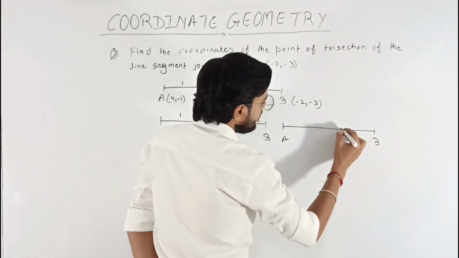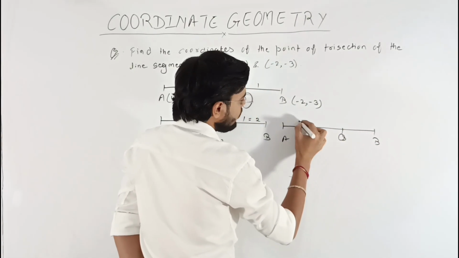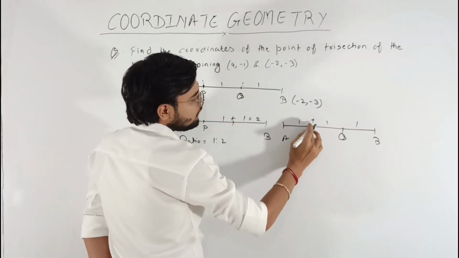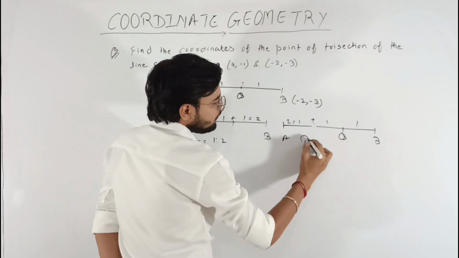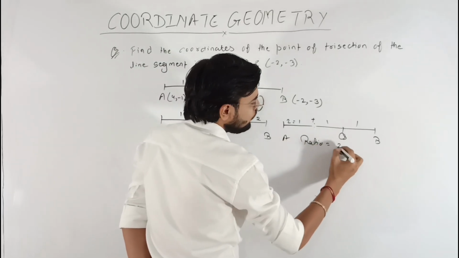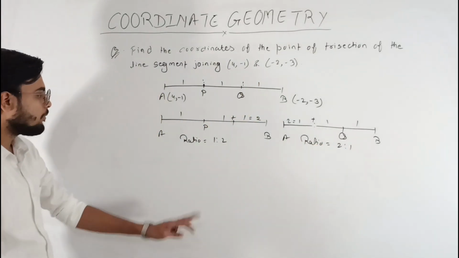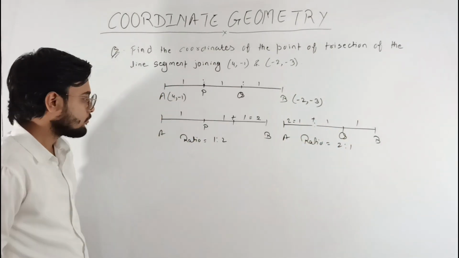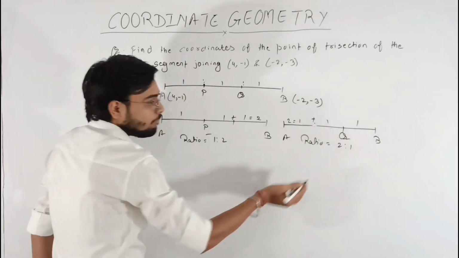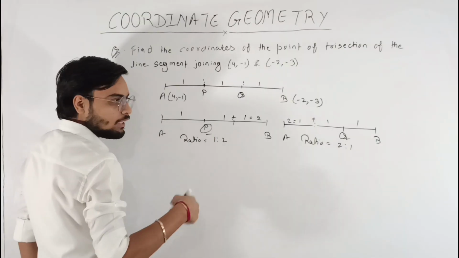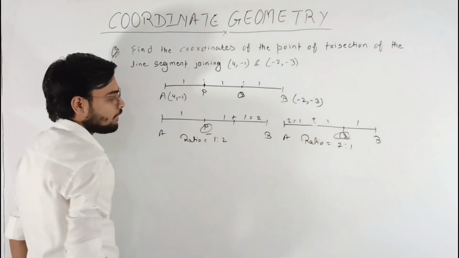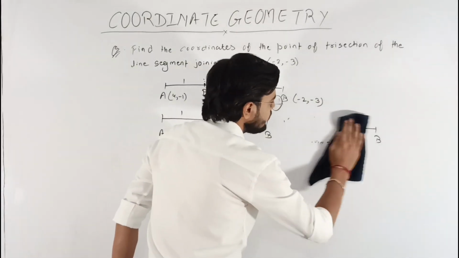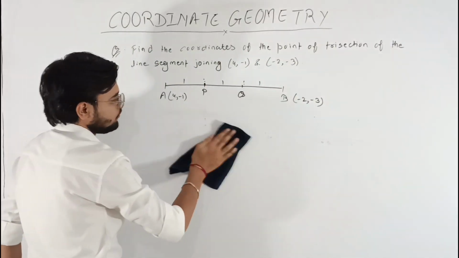This is my line AB, this is point Q, this is P and 1 1 1. Now if I hide P, then this 1 plus 1 becomes 2. Then point Q divides line in ratio of 2 is to 1. Now we have ratios, P divides 1 is to 2 and Q divides in 2 is to 1. Now we have ratio of P and Q both. Then by using section formula, first I find the coordinates of P, then coordinates of Q. Okay. So first we find for P, then we find for Q.